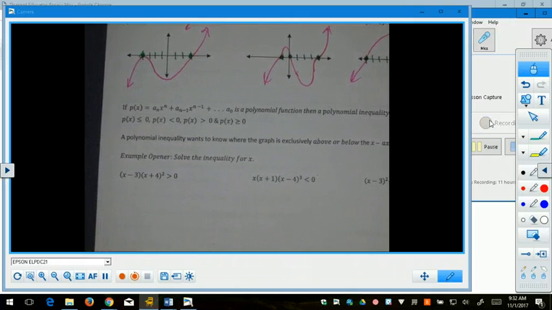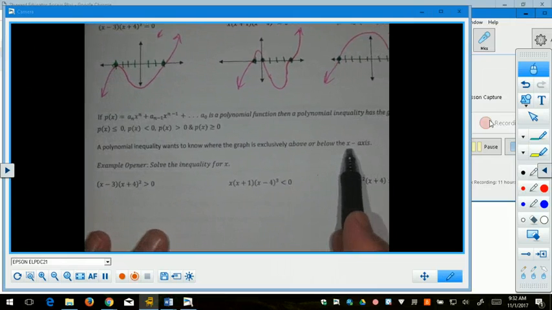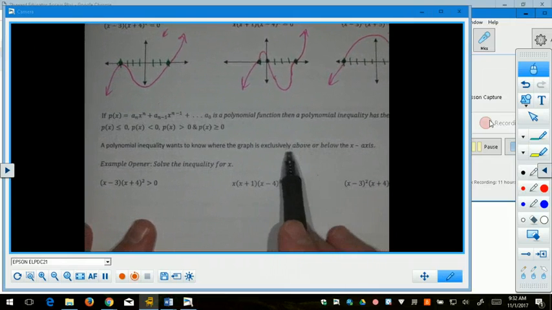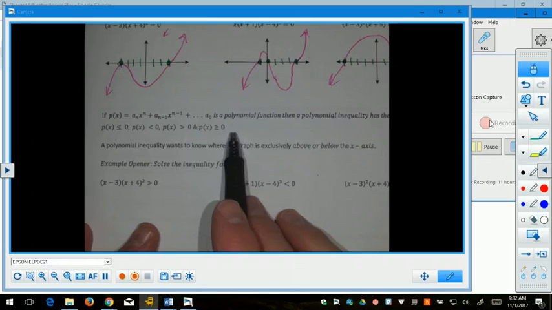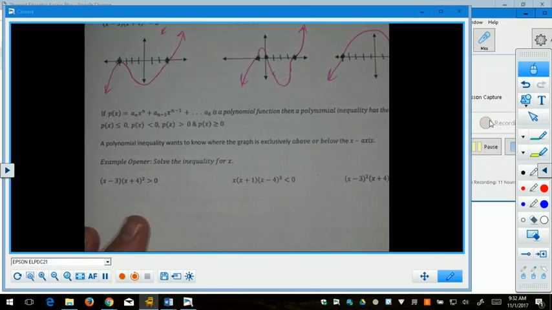It's not like the inequalities we graphed when we were doing linear inequalities and we did all the shading and all of that stuff. When we're graphing polynomial inequalities, we want to know where the graph is exclusively above or below the x-axis, or sometimes above including the zeros or below including the zeros if it has equality.